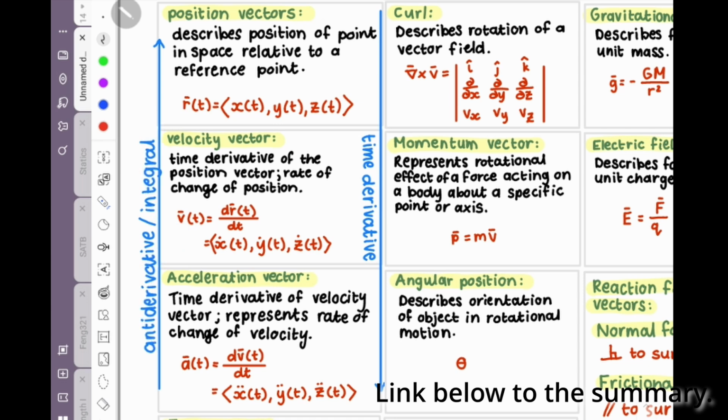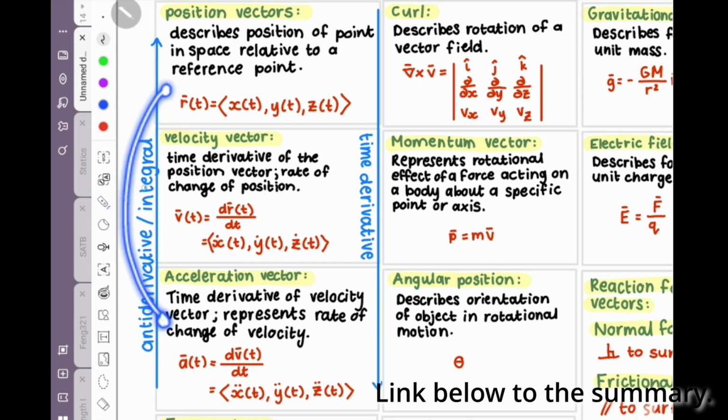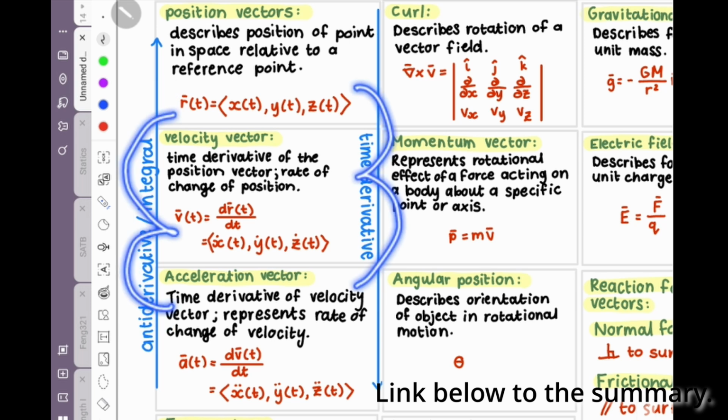But the same is true that you can jump from the position vector to the acceleration vector by just taking a time derivative twice, and taking acceleration directly to position by taking the integral twice. But essentially you're doing the same thing as this and going like this. That's all fine and dandy, and that's a cool little trick to remember.